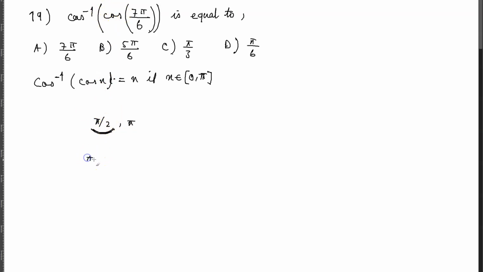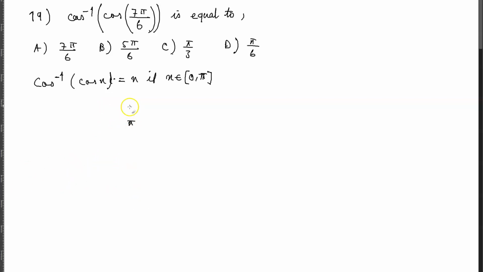Meaning that if I go for pi by 2 minus x, or pi by 2 plus x, then the trigonometric ratio changes from cos to sine, or from sine to cos, or from something else to something else, which is not something that I want here. So I cannot use pi by 2, right?